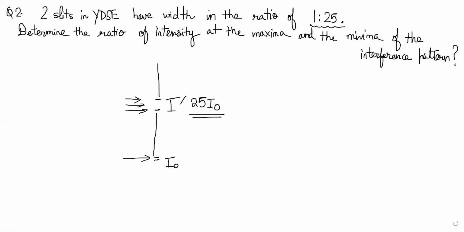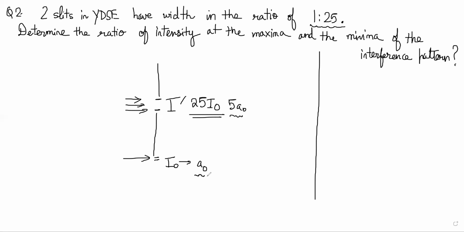Now from here, you have to find out the ratio of maximum and minimum intensity on the screen. Try to figure that out. We can use amplitude. If the amplitude here is A naught, amplitude here should be 5 A naught.